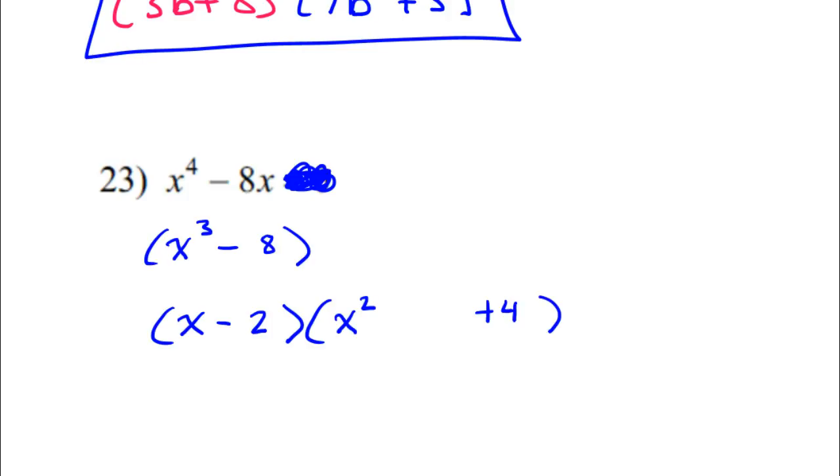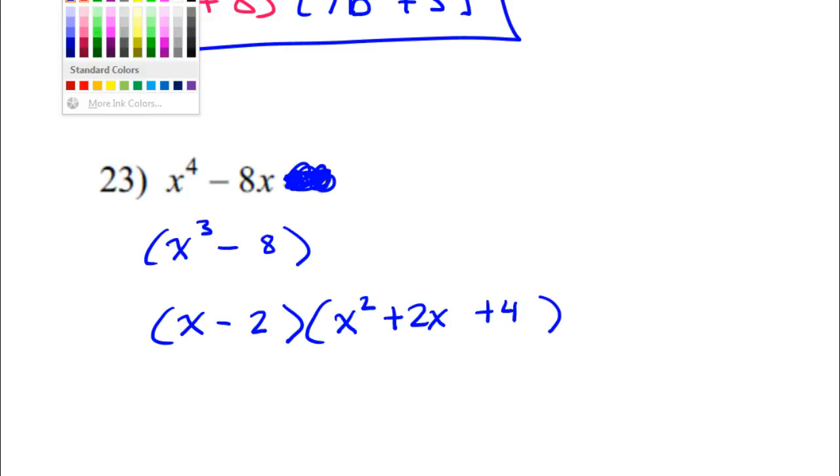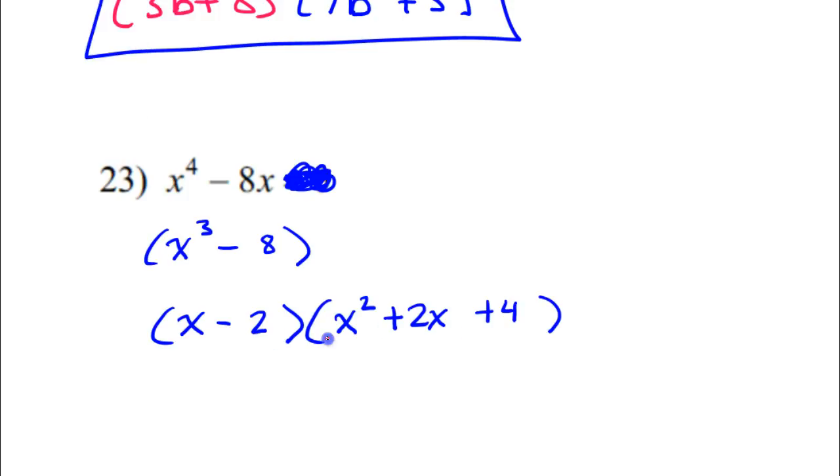The middle comes from multiplying these two together. x times negative 2 would be negative 2x, but I'm going to do the opposite sign though and put positive 2x. So speaking of the signs, here's a little acronym to help you remember how the signs go.